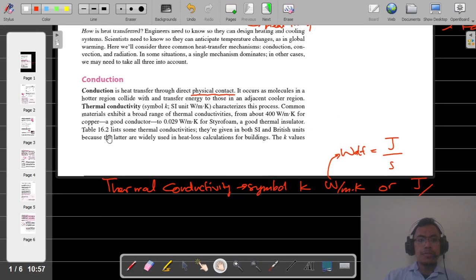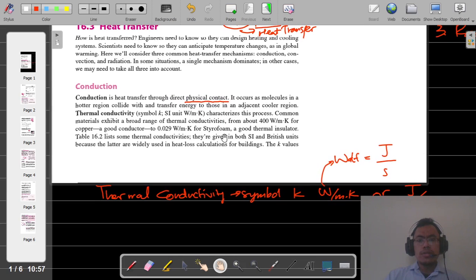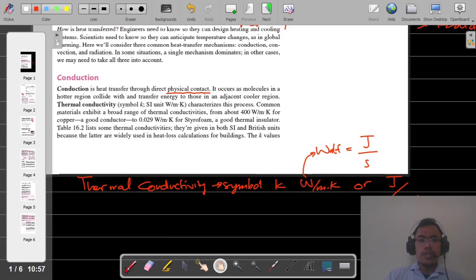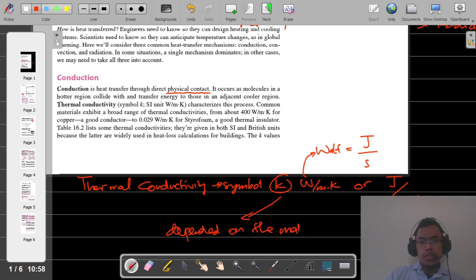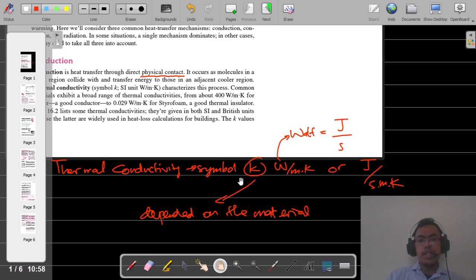The value of k depends on the material. Every material will have its own value of k.